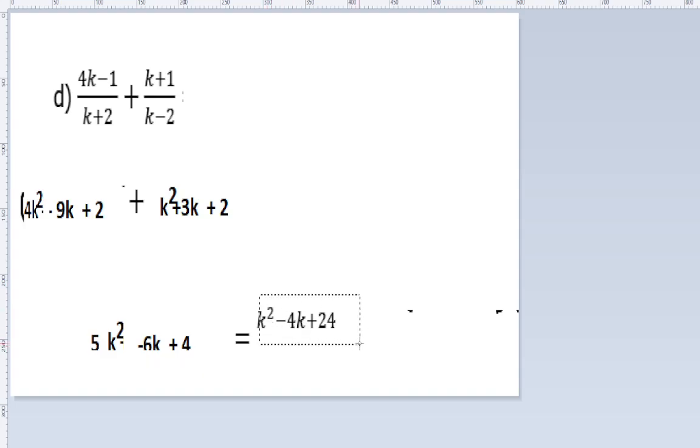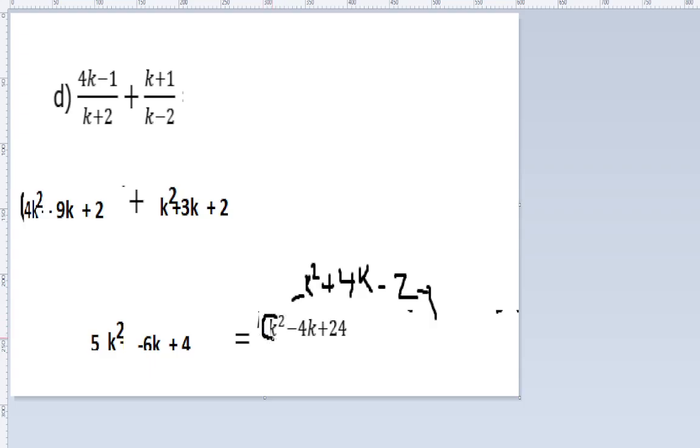Now we simply want to get everything to the right side. So I have to subtract k squared, I have to add 4k, and I have to subtract 24 to get this all to be 0. So I have to subtract that, add that, subtract that.